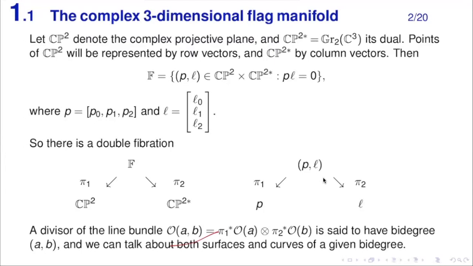For example, the canonical bundle of the flag manifold, the (3,0)-forms, is the same as O(-2,-2).